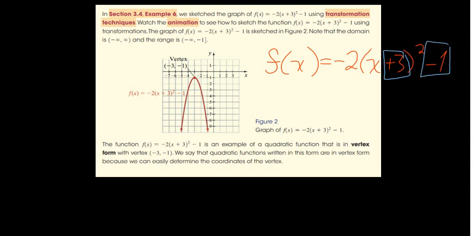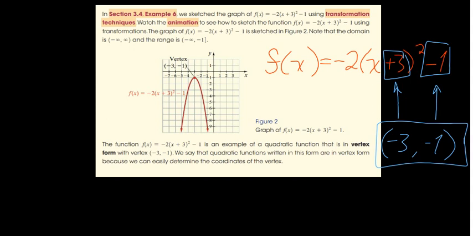What the definition on the next page says is that we take the opposite sign of this. So the opposite sign of positive 3 is going to be negative 3. Then we take whatever value this is, and that value is simply -1, and that's the vertex. And we can see that right here, it's actually given to us: -3, -1. So that's pretty easy, right?